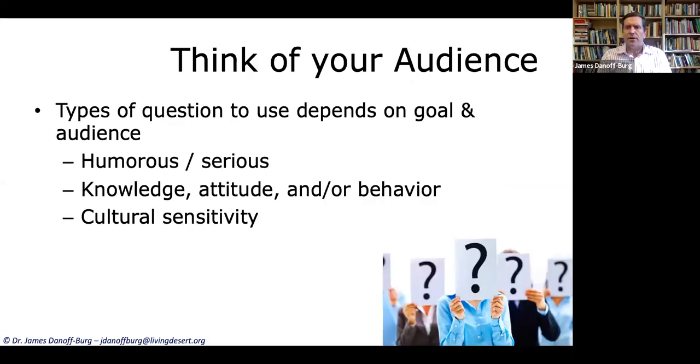Now, when we're talking to people, and we'll expand on this in future sessions as well, we have to think of our audience, because we don't want to be very funny and jokey about a very serious topic. Nor do we want to be deathly scowling, stern-faced when we're asking about a kind of funny thing.